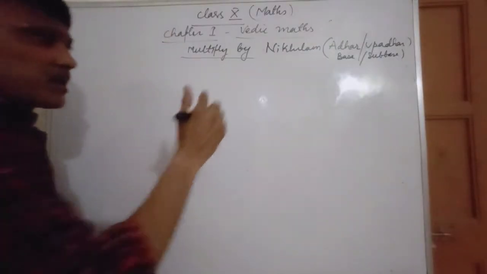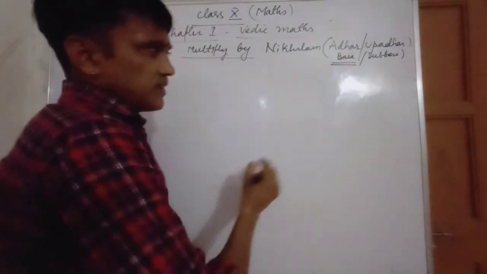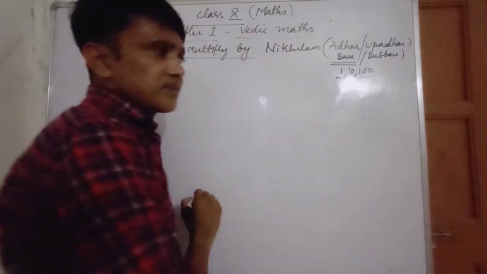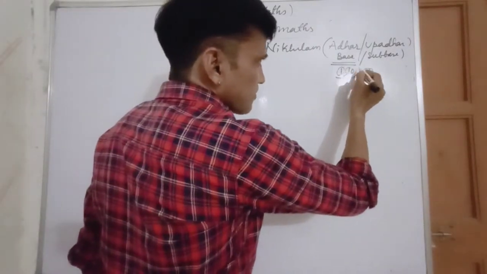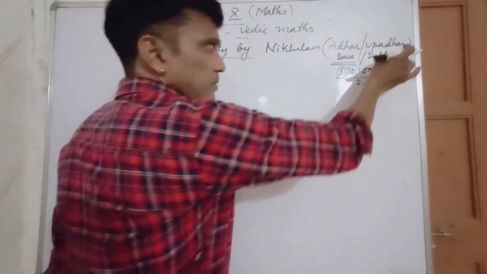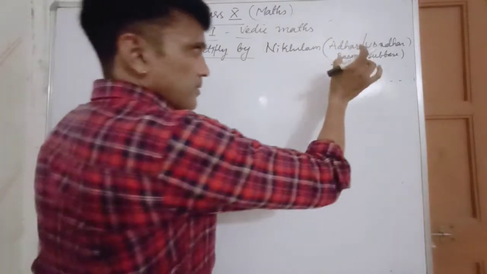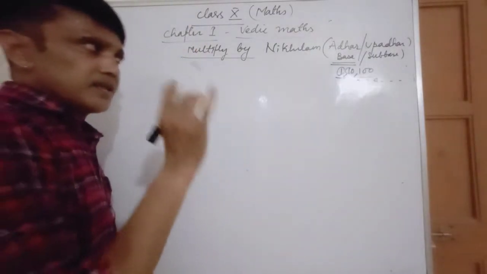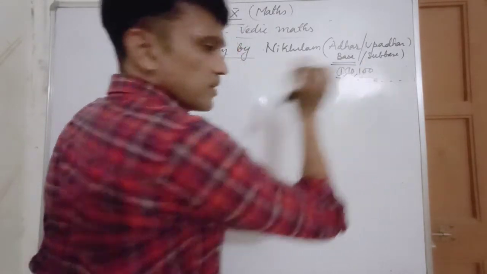Base is always 1, 10 or 100. Sub-base means if on the place of 1, digits like 2, 3, 4 etc. come, these digits are called sub-base. Always remember, base must be 1, 10 or 100 or 1000 etc.